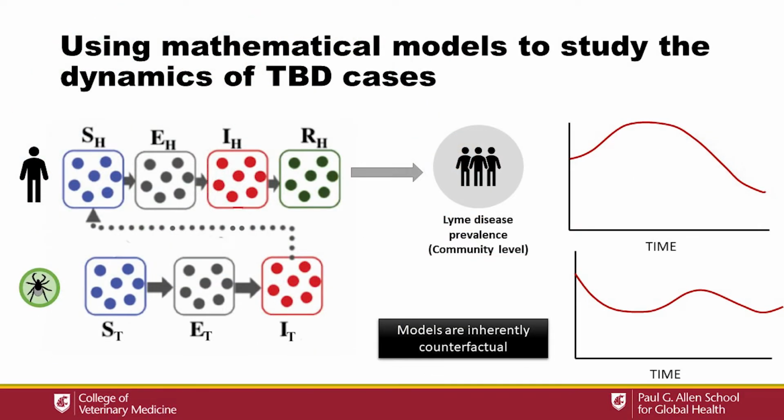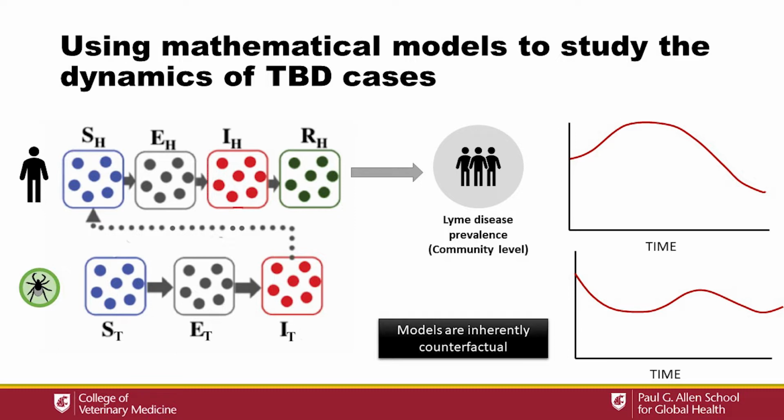The main issue we have, and everybody doing infectious disease modeling knows this, is that the vector-human contact rate is one of the key parameters that we want to estimate, but it's also really hard to estimate. So we can use mathematical models to do that. One of the approaches we're taking is to understand human-tick contact rates as an emerging property of the system, based on how humans move in the environment and the tick density.